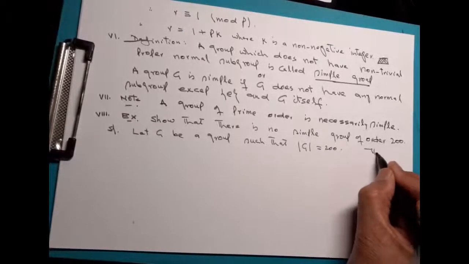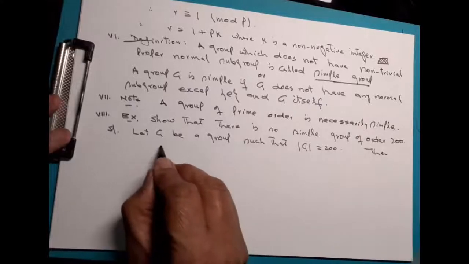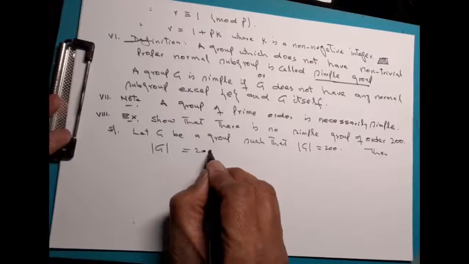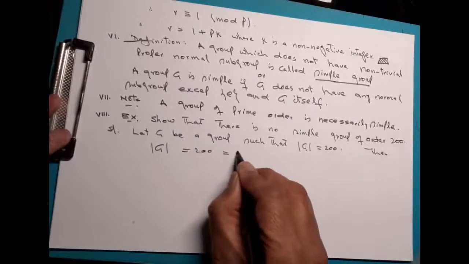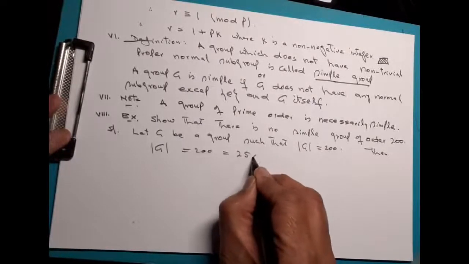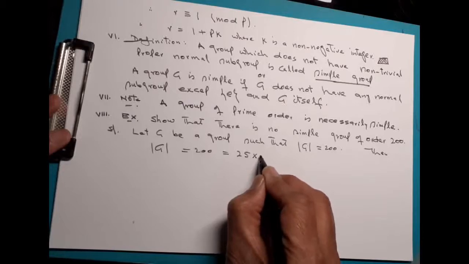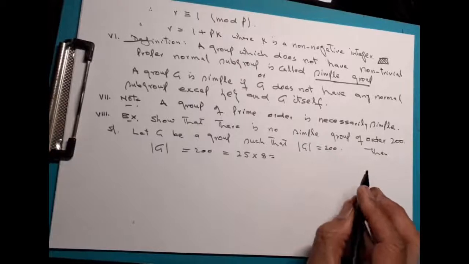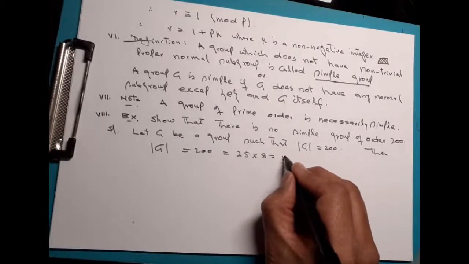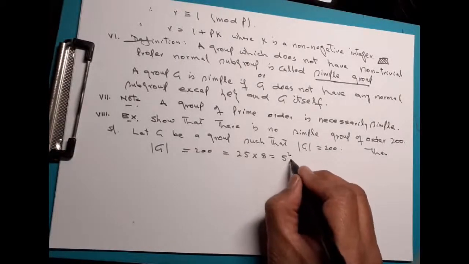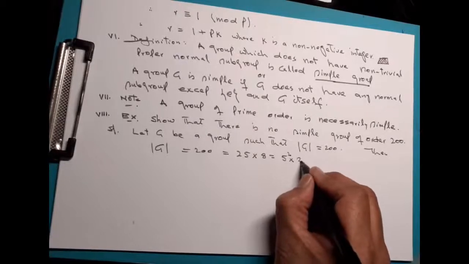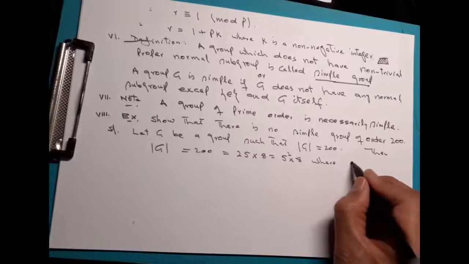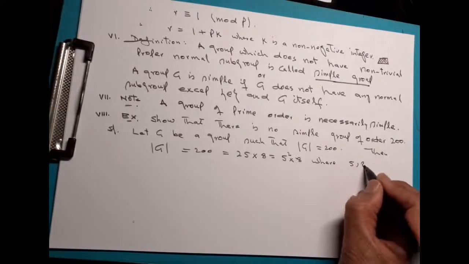Then 200 can be written as 25 multiplied with 8, where 25 can be written as 5 raised to power 2, multiplied with 8, and you can note that 5 and 8 are co-prime.